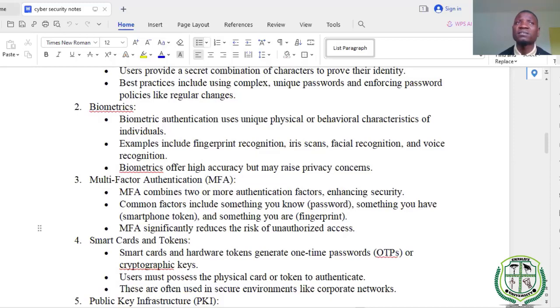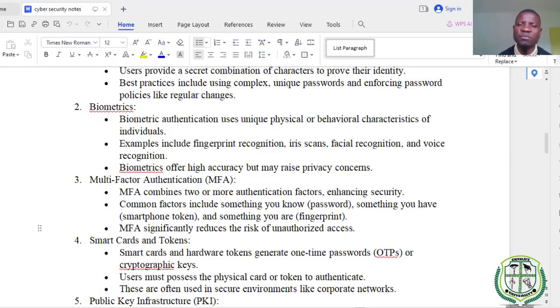Common factors may include something you know, something you have, and something you are. It can be a password, which is something you know, and it can also be something you have, maybe a smartphone or smartphone token.